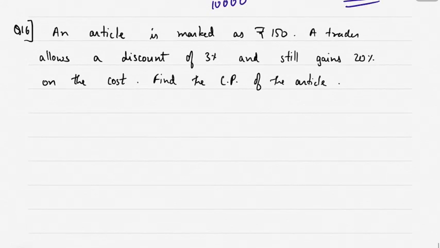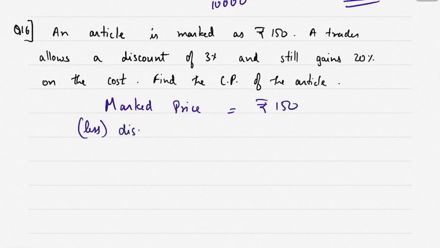Correct? So let's calculate. Catalog price or marked price is given as rupees 150, less discount at the rate 3%.